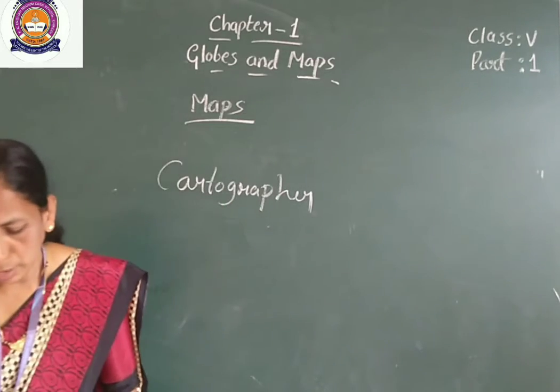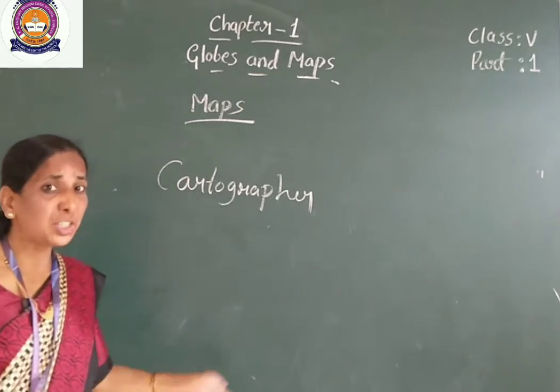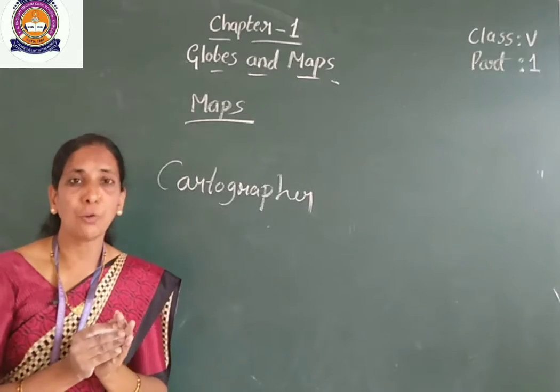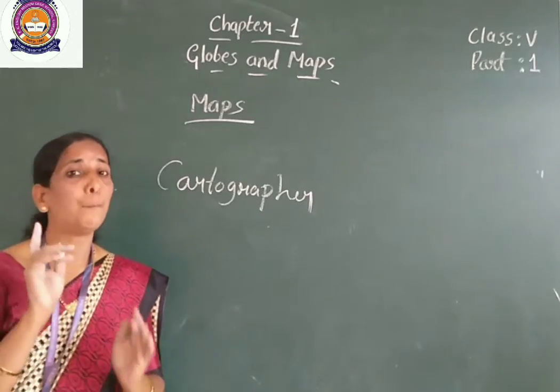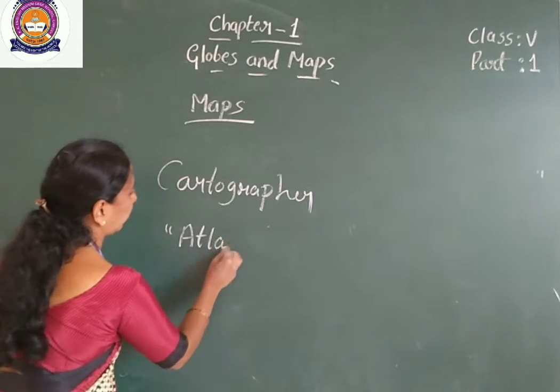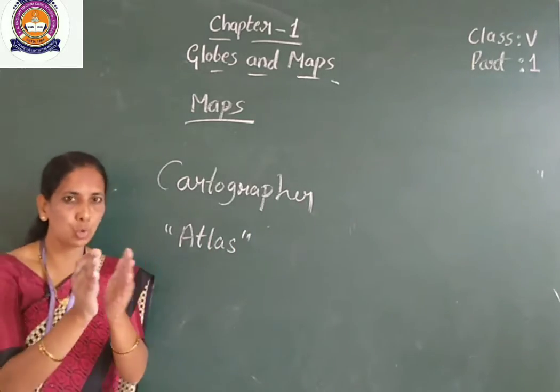Understood? And next one, see here, a collection of maps in a book is called an Atlas. We know that, it is like that book only.